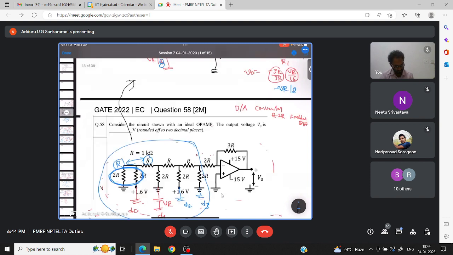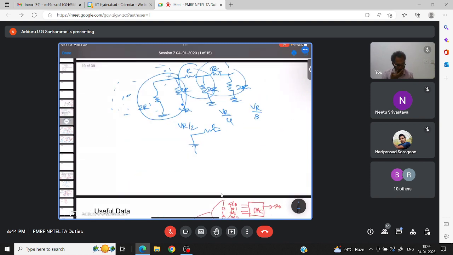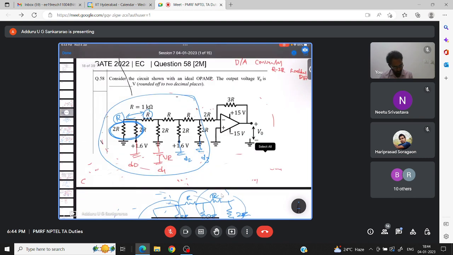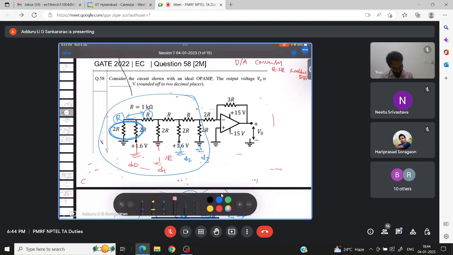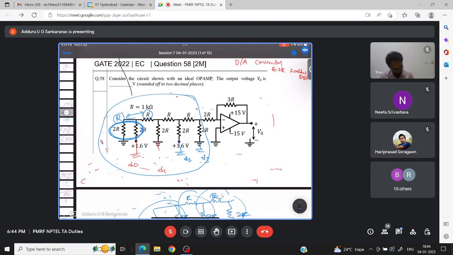In that way, next you make all the bits 0 and D2 equal to VR, you make it 1. Then same procedure you follow: minus VR by 4 you will get. And for the MSB, minus VR by 2 you will get.